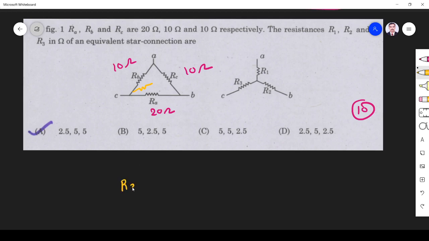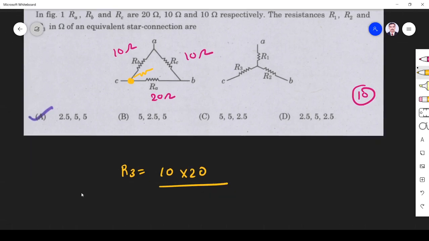So what should be the equivalent resistance? You see the product of the resistances connected with this arm. So it is 10 and 20. So 10 into 20 divided by total resistance. What is the total resistance? 10 plus 10 plus 20. So it is 5 ohm. So R3 we got 5 ohm.